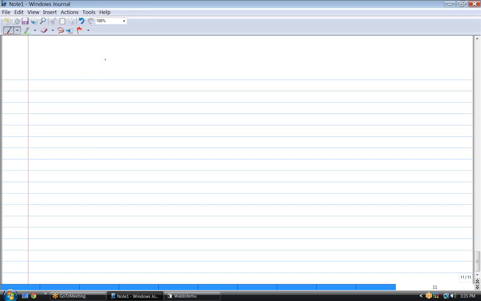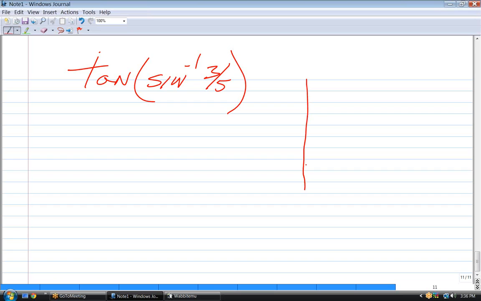The next one is actually tangent of the quantity inverse sine of 3/5. It's actually an easier way to do this one. You're supposed to do this without the calculator, correct? Okay. Let's draw a triangle and label theta.